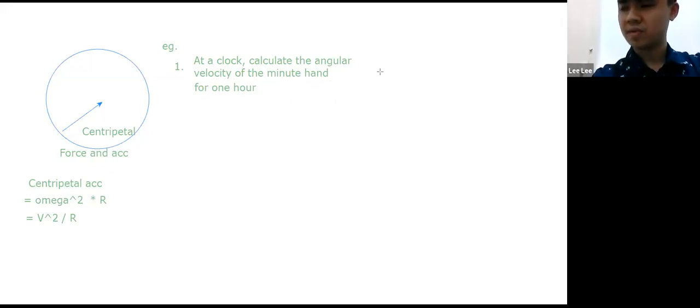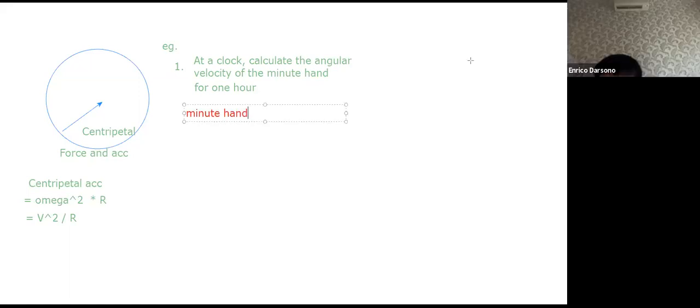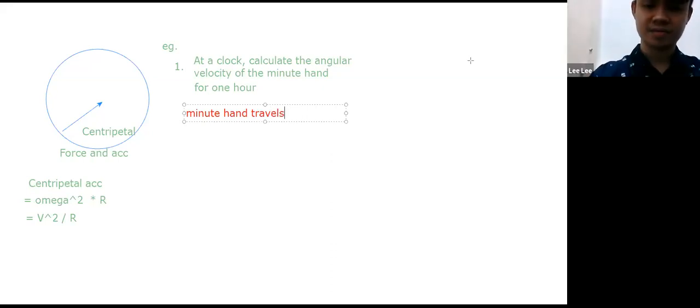So if I say 1 hour, your minute hand travels how many full circles? How many circles travelled by the minute hand? One circle. So the period is 1 hour, which is equal to 3,600 seconds.